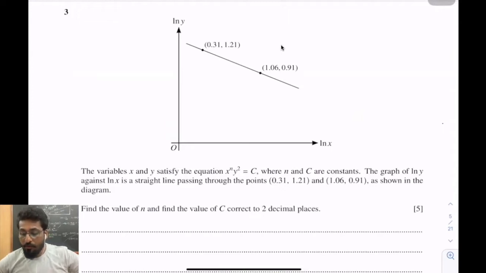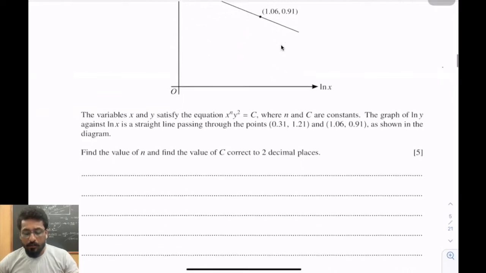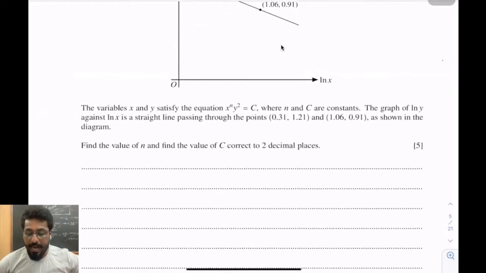The graph of ln y against ln x is a straight line passing through the points with coordinates (0.31, 1.21) and (1.06, 0.91), as shown in the diagram. You are told to find the value of n and the value of c, correct to 2 decimal places.